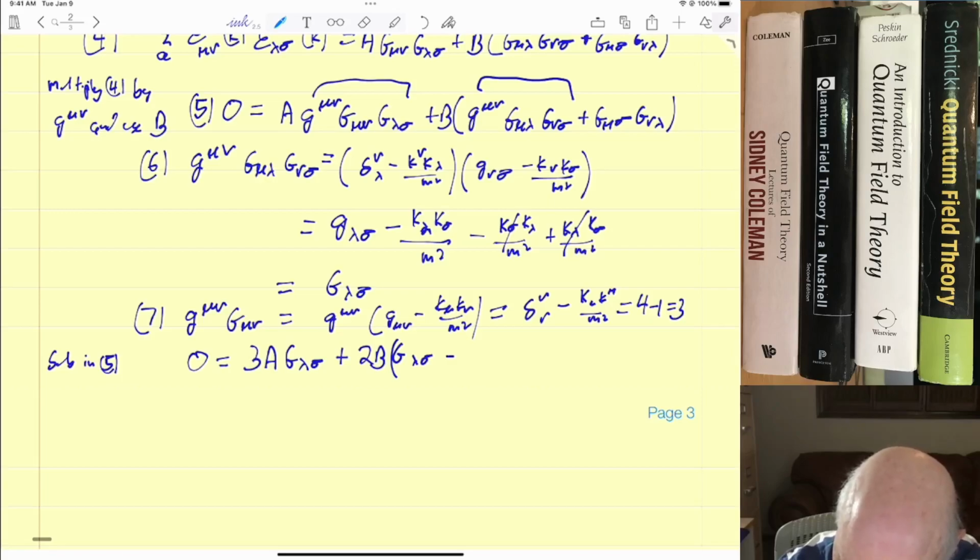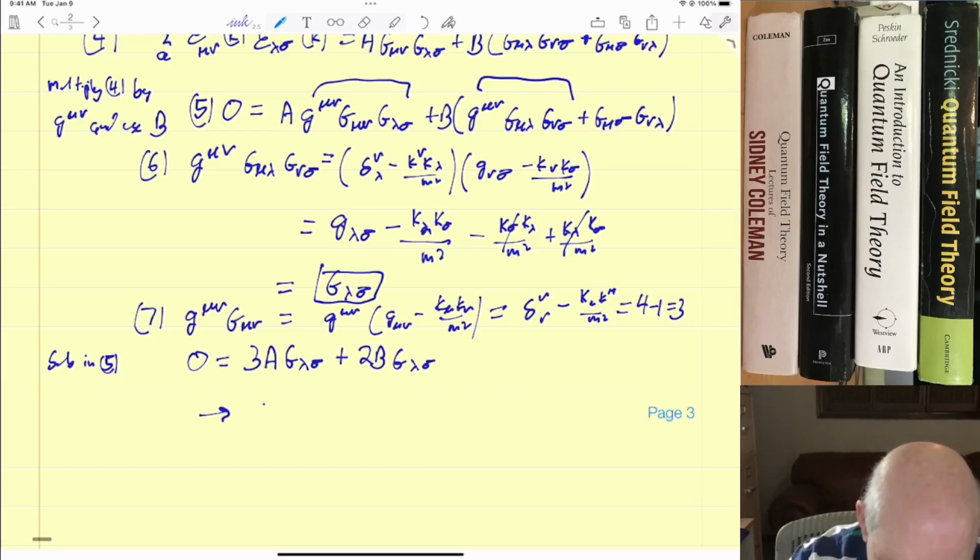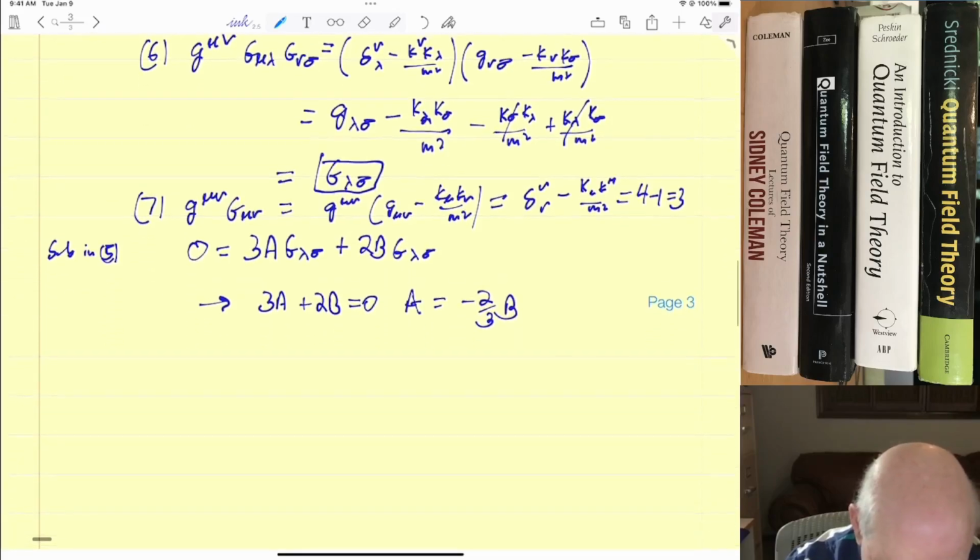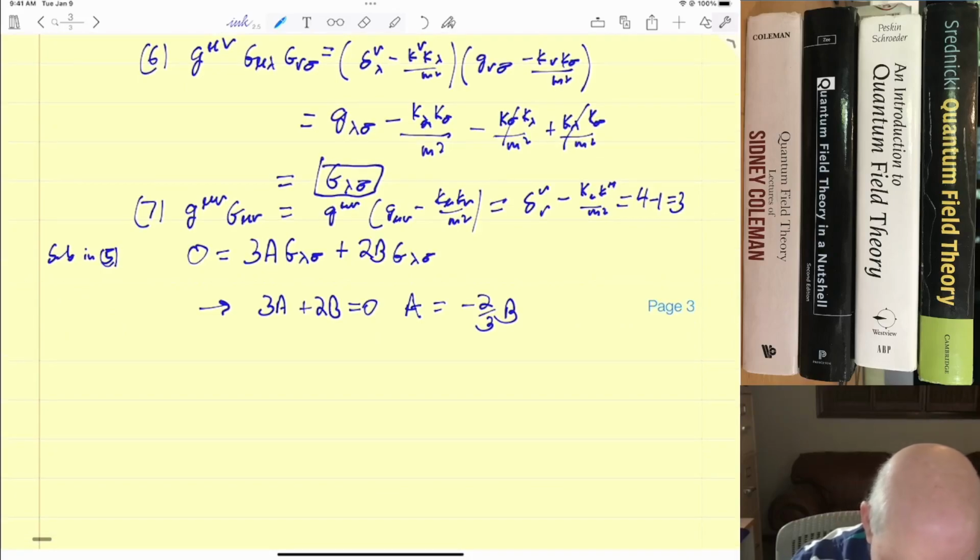Okay, it's G lambda sigma. It comes out to that. Okay, I'm sorry. 2B G lambda sigma. And this implies that 3A plus 2B equals 0, or A equals minus 2/3 B. So we just have the normalization condition.